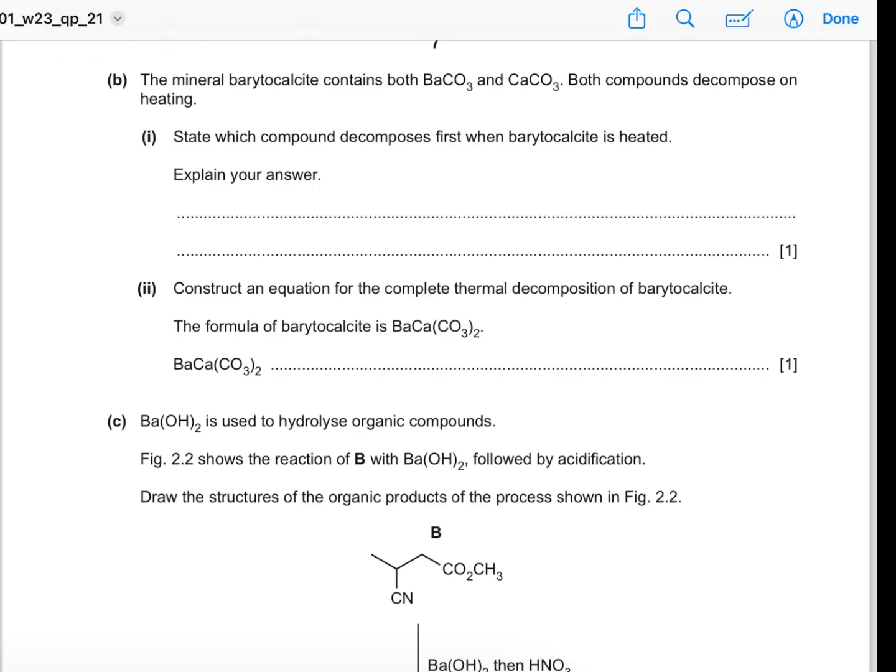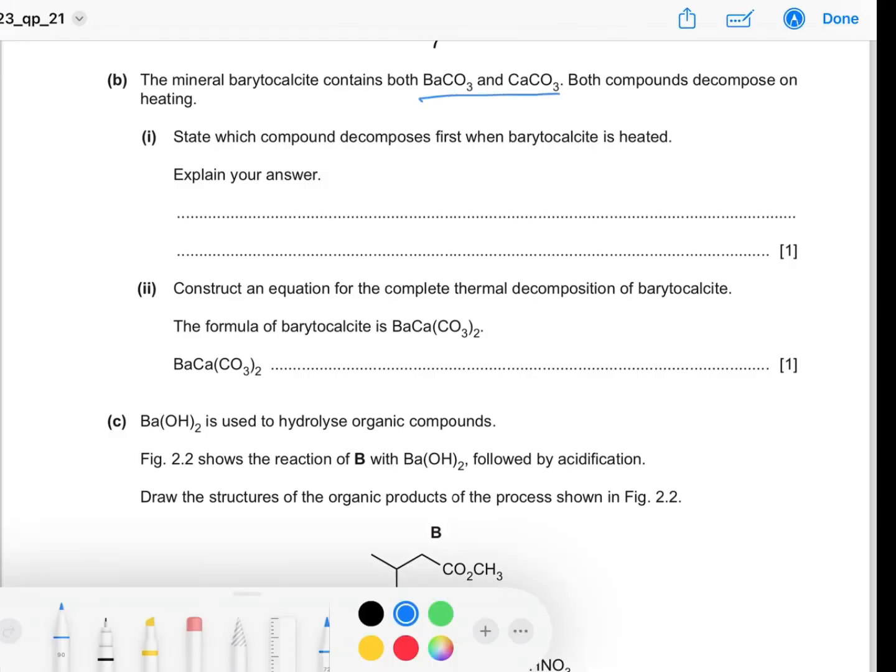B. The mineral barytocalcite. Barytocalcite contains both barium carbonate and calcium carbonate. Both compounds decompose on heating. Part 1. State which compound decomposes first when barytocalcite is heated. Explain your answer. The thermal stability of group 2 carbonates increases down the group.